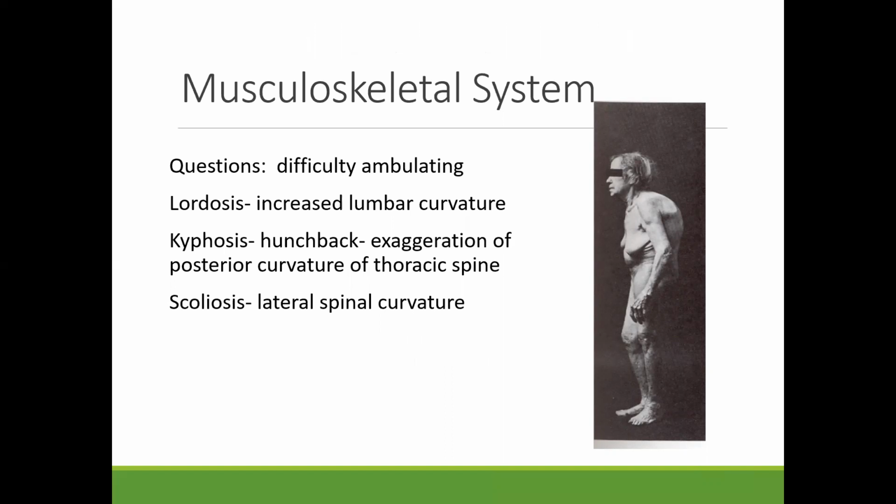If they are ambulatory, are they using any assistive devices? The three common musculoskeletal problems are lordosis, kyphosis, and scoliosis. Lordosis is an increased lumbar curvature inward, where kyphosis is more that hunchback, and scoliosis is more like an S.